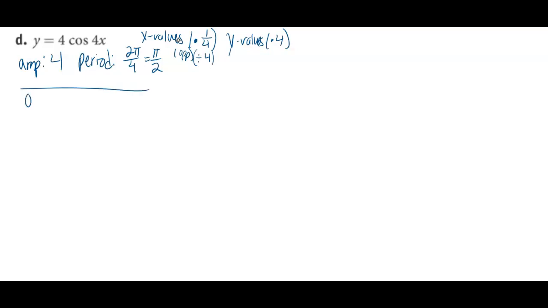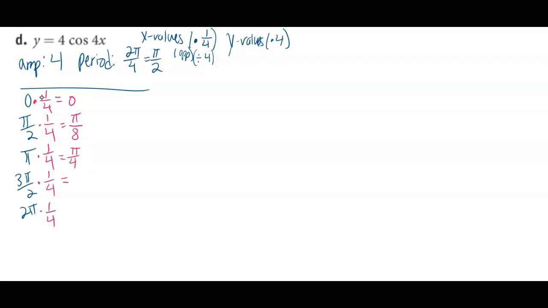Alright, so with our parent, again, we've got our quadrantal angles. Now I'm going to multiply by 1/4. Got 0, pi times 1 over 2 times 4, 8, 1 pi over 4. 3 pi times 1 is 3 pi, 2 times 4 is 8.